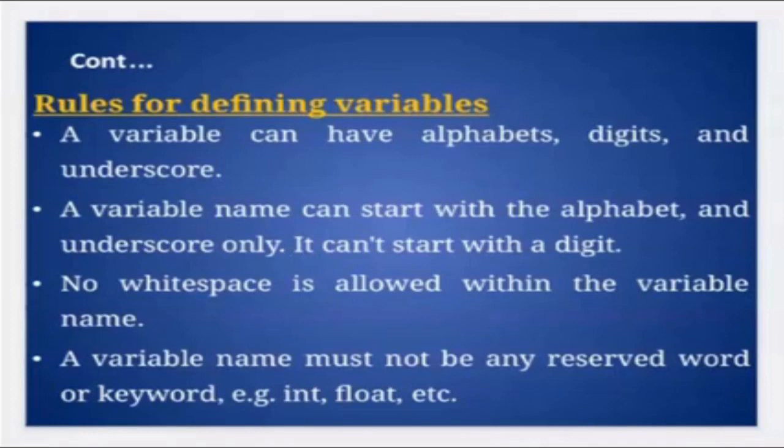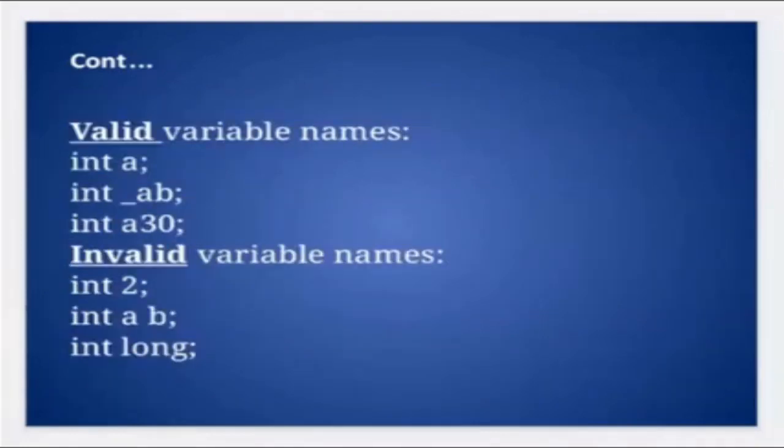A variable name must not be any reserved word or keyword, for example, int, float, double, etc. Here the valid variable names are int a, int _ab, int a30, all are valid variable names. Whereas for invalid variable names, int 2 is a numeral, so it cannot be a valid variable name. int a b, space is not allowed, and int long, long is a keyword which is also not allowed in defining a variable.